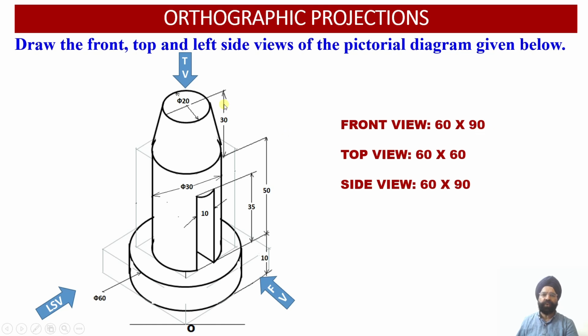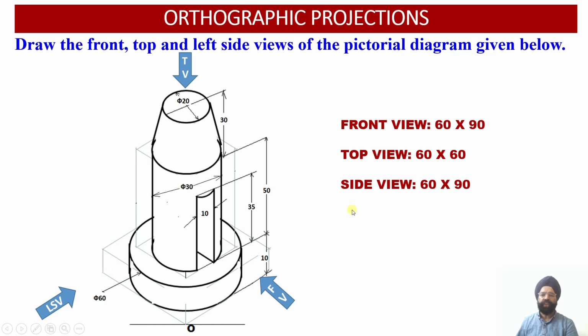Now looking at the solid from the top, we are going to have the width of the solid equal to 60, and the depth of the solid is also equal to 60. Since this is a cylindrical object, whatever the width is, the same depth of the solid will be involved.